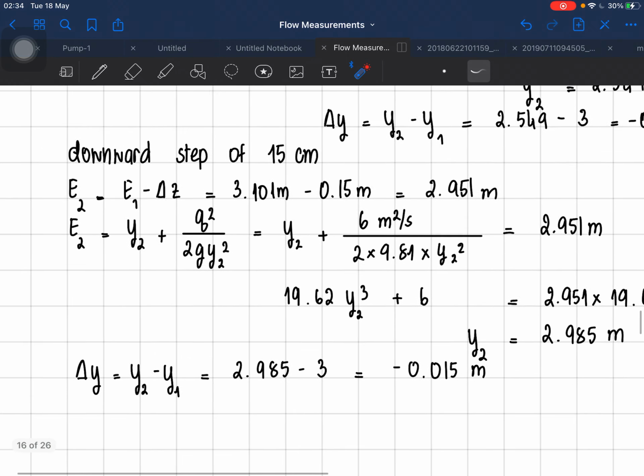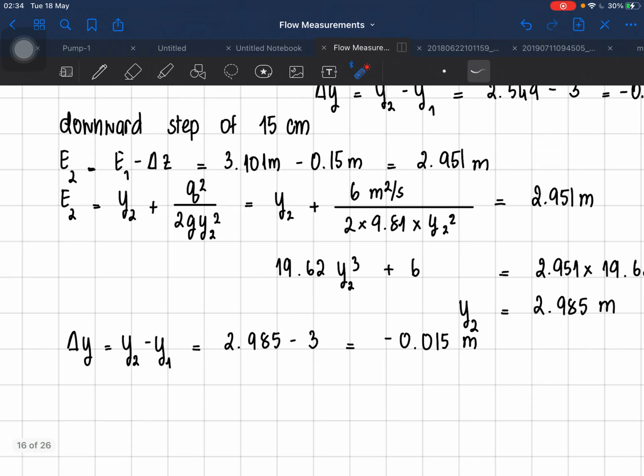So the maximum upstep possible before affecting the upstream's water surface level is for y2 equals yc.